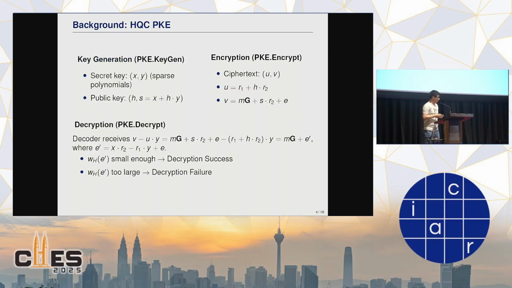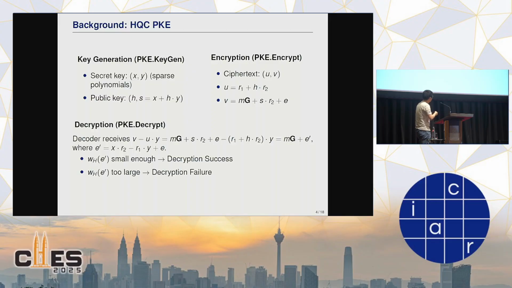So let's briefly look at HQC. The keygen looks like this. You have the secret key x and y. They are sparse polynomials. Then you generate a uniform h and compute s in this way. This is the public key.